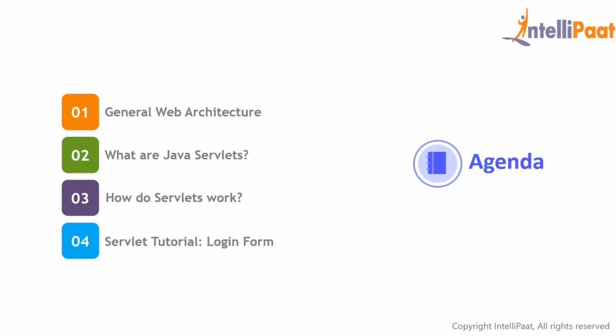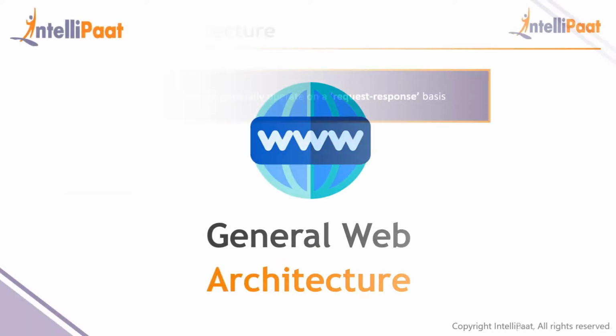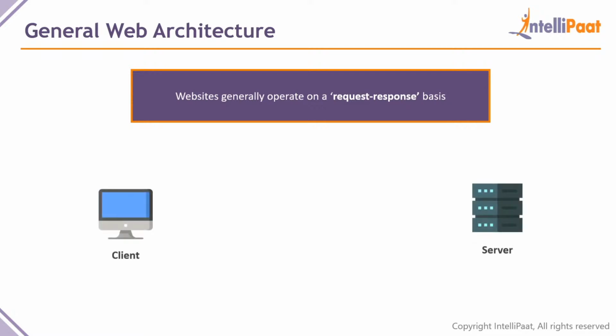So firstly, let us go to the general web architecture. Within this, we can understand that websites generally operate on a request-response basis. Now, what does that mean? Imagine you're working as a client on a client system, and you want to access a website or a service that is present on a server.